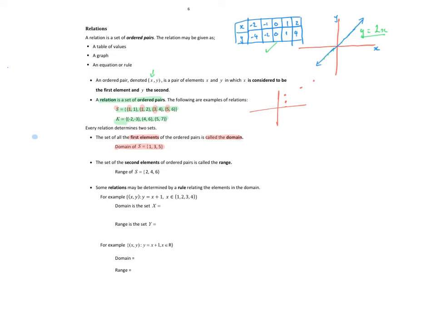The range of a relation is the set of all the y values. So the range are the second elements, 1, 2, 4 and 6. That's the range. Range of S. Oh, there's an error there, isn't it? I've got 2, 4 and 6 there.